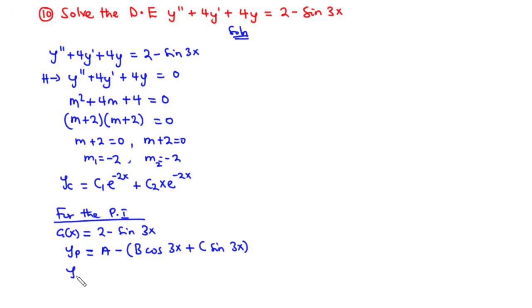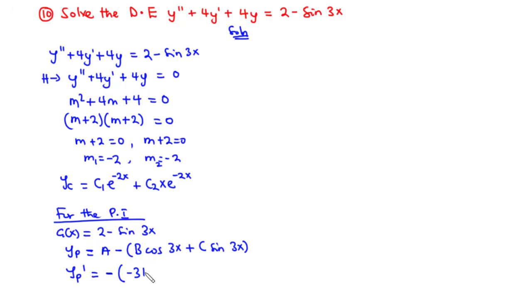So let's try to find yp'. Because this is a constant, it becomes 0. So minus b cos 3x. Now if you differentiate cos 3x with respect to x, then you have negative 3 sin 3x.